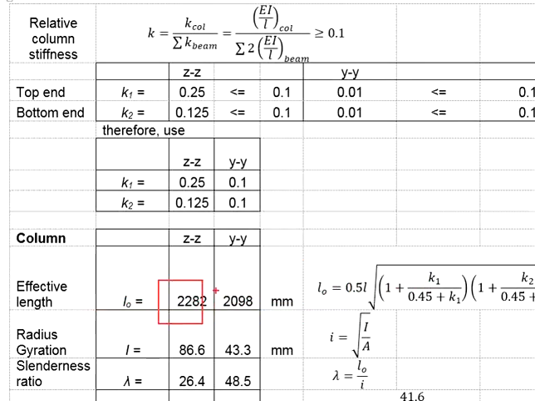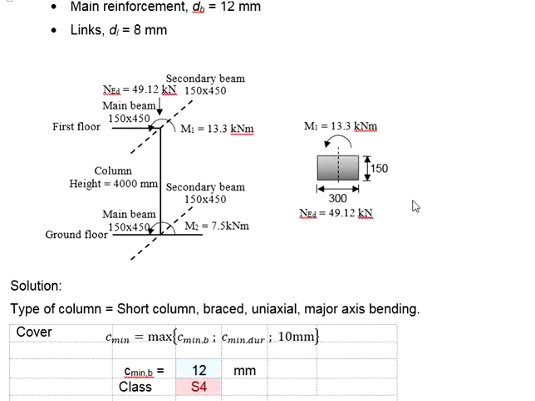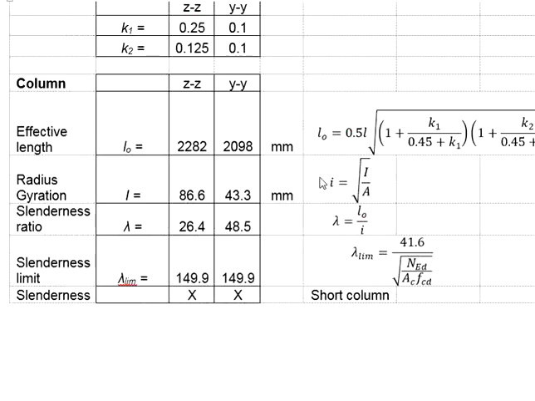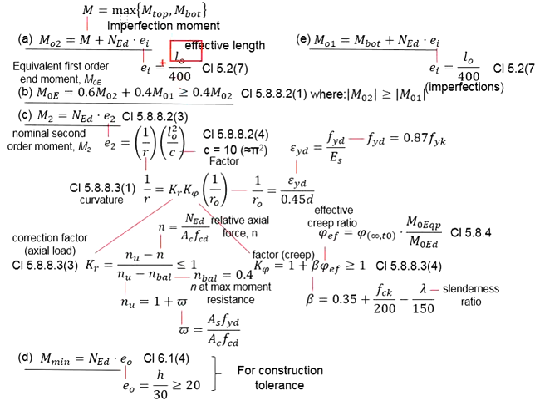There are two effective lengths obtained, one in the major axis and another in the minor axis. Since the moment is acting in the major axis, we are referring to the effective length of the major axis, which equals 2.282 meters. Take the effective length divided by 400, you get ei.